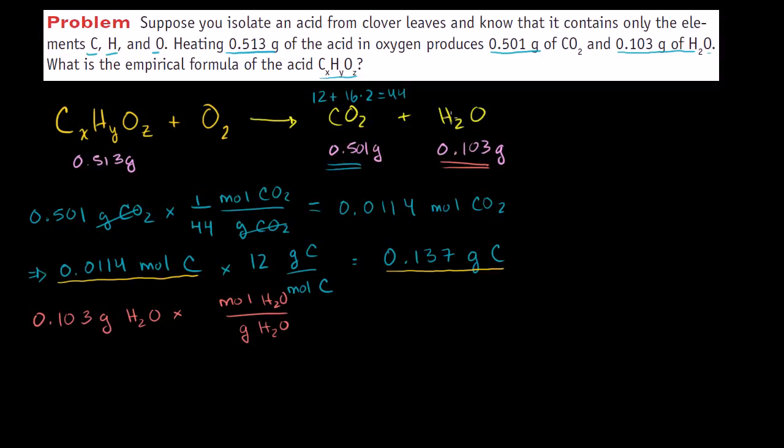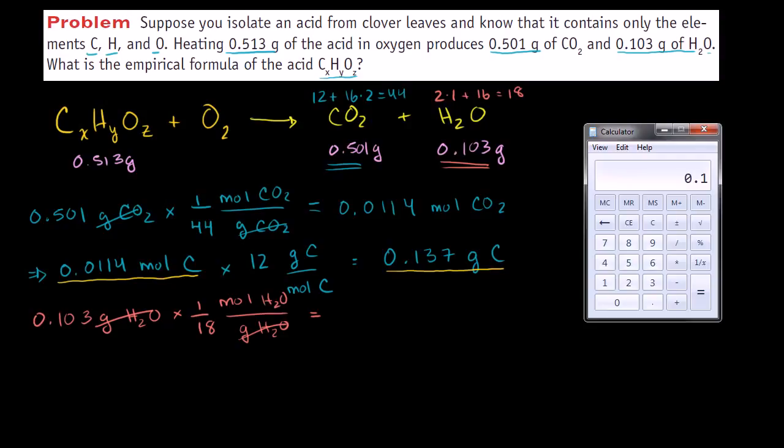And what is the molar mass of water? You have two hydrogens, so it's 2 times 1 plus the molar mass of oxygen, which is 16. So it equals 18. So 1 mole of water has 18 grams, or 18 grams per mole. But we wrote the 18 in the denominator because we want the grams in the denominator. So these cancel out, and we have 0.103 divided by 18 moles of water. Let me get the calculator back.